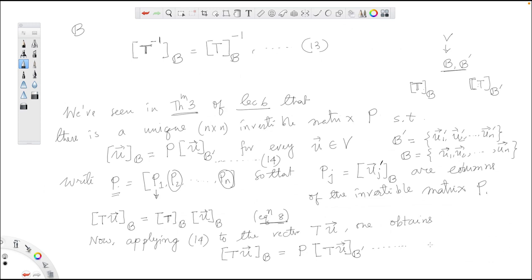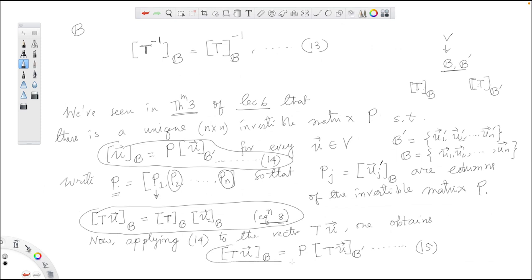This is equation number 15. So we need equation 14, equation number 8 that was studied in the second segment, and equation number 15.